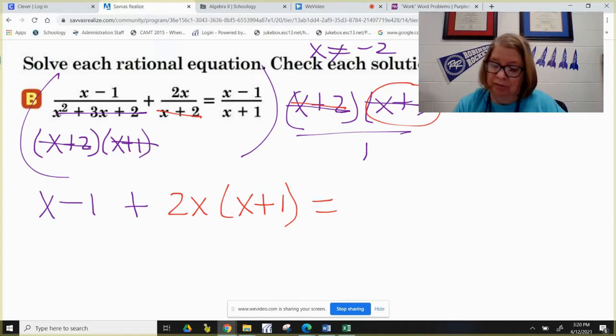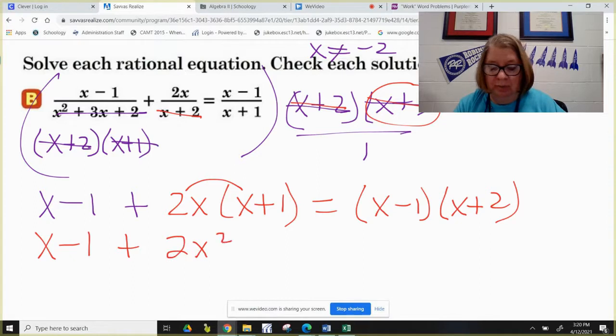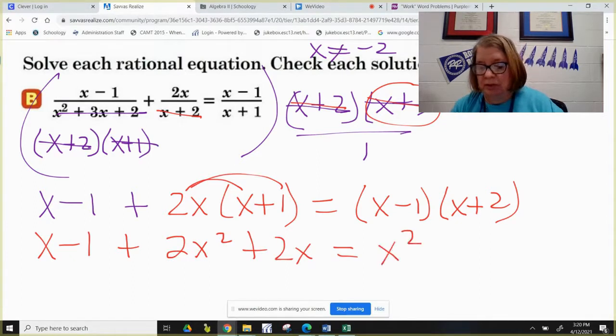And in the third fraction, we have the x plus 1, but the x plus 2 is left. That's where I messed up right there. So now I have x minus 1 plus 2x squared plus 2x equals x squared plus 2x minus x plus, nope, that's 2.